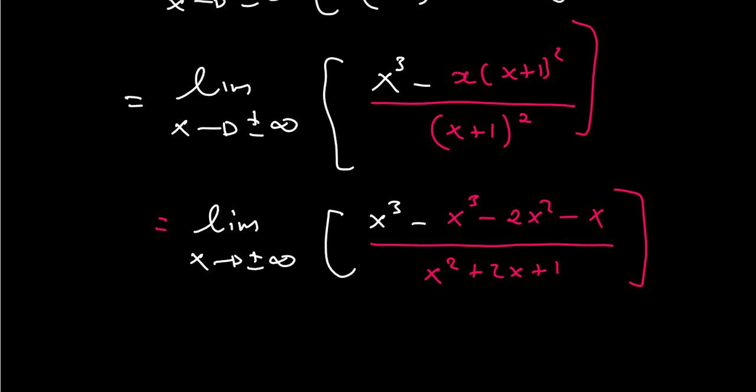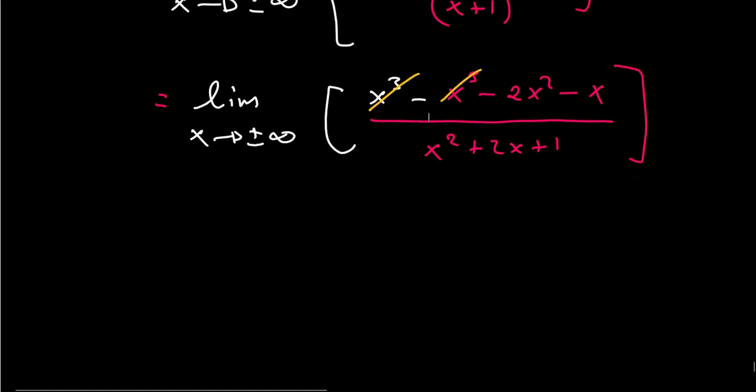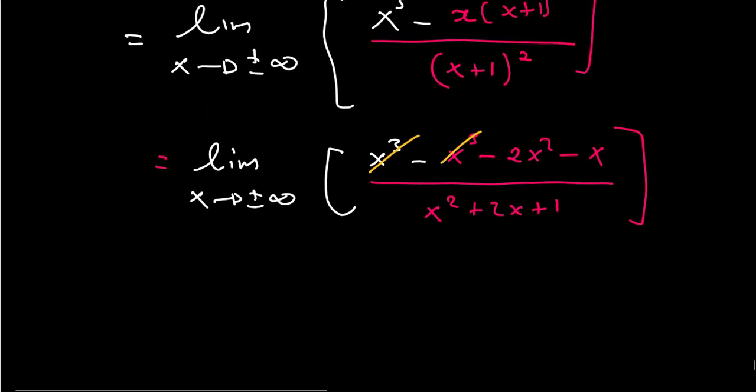And so the term in x cubed cancels out this term and this term cancels out, and we are left with negative 2x squared minus x.